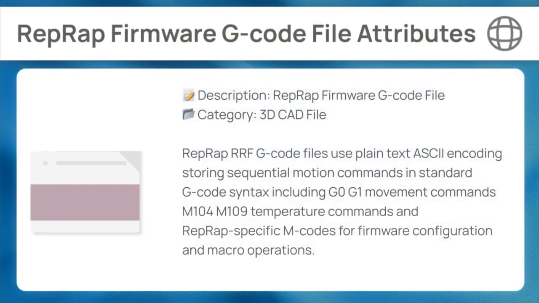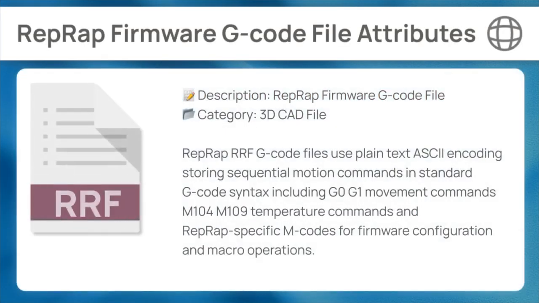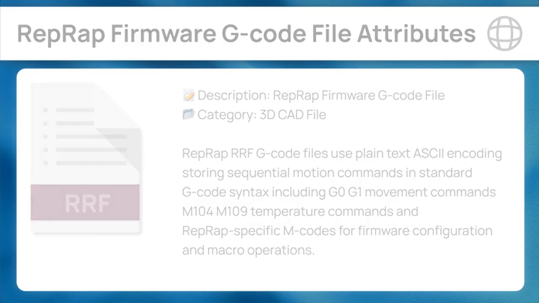RepRap RRF G-code files use plaintext ASCII encoding, storing sequential motion commands in standard G-code syntax, including G0, G1 movement commands, M104 M109 temperature commands, and RepRap-specific M-codes for firmware configuration and macro operations.